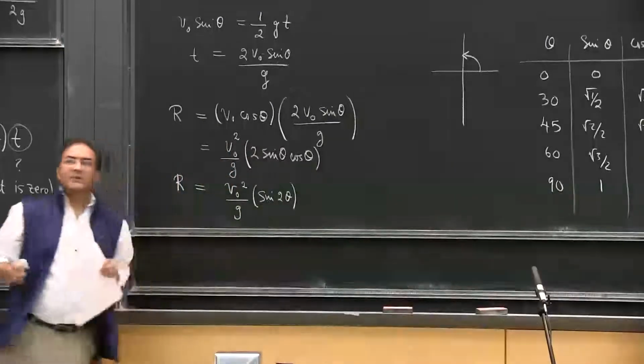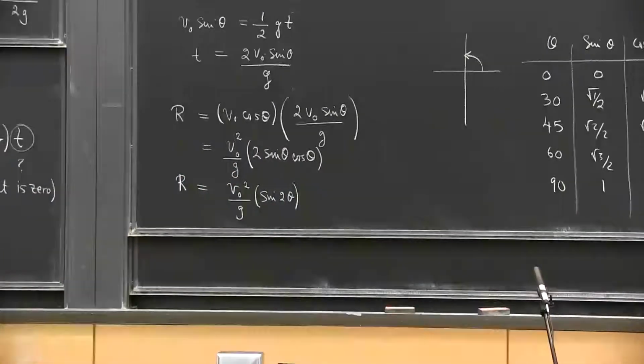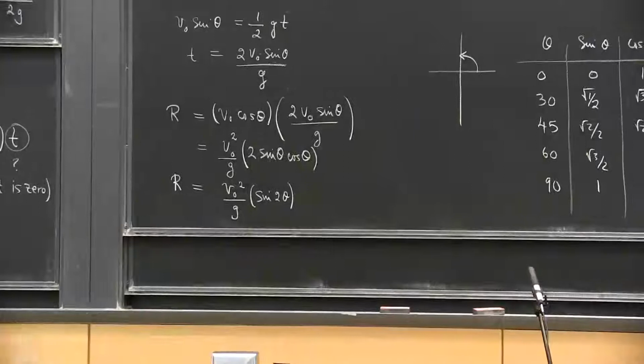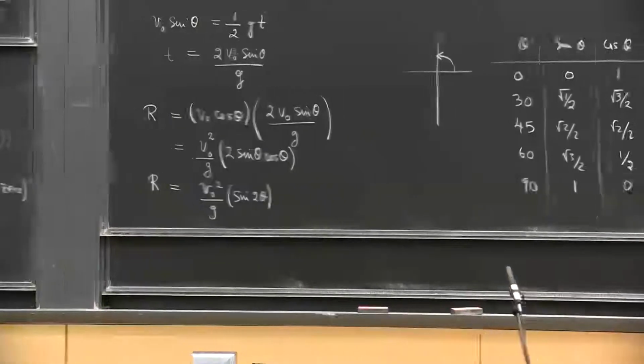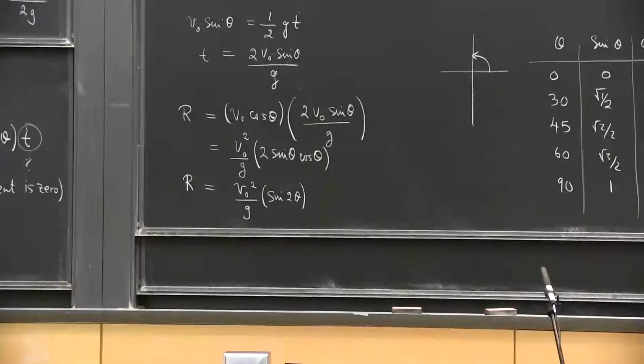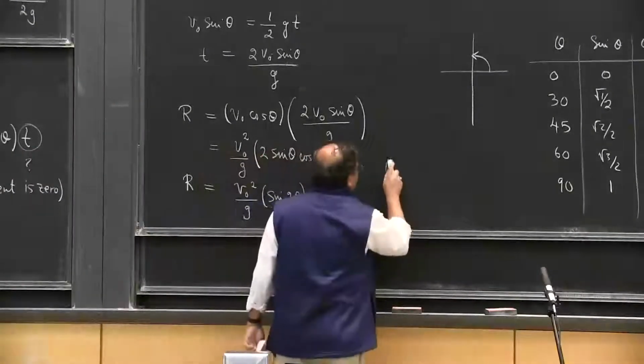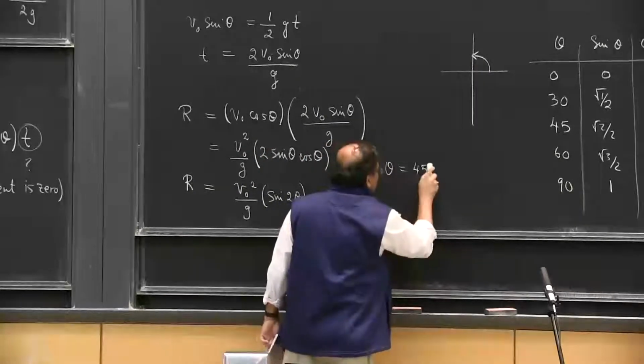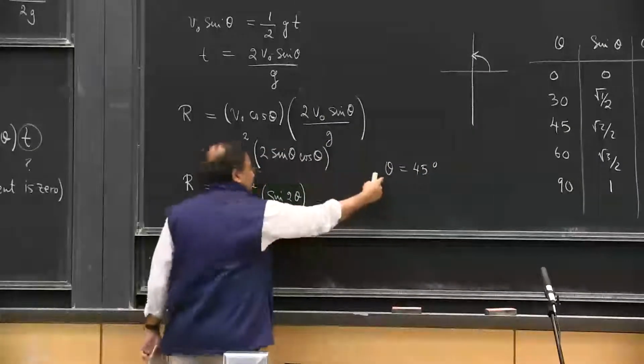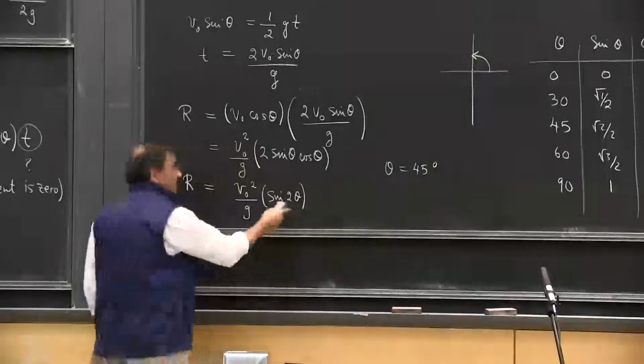So to get the maximum possible R, to get the maximum possible range, suppose you're playing golf, throwing a ball, what should your angle theta be? 45 degrees, right? Because if theta is 45 degrees, then sine of 2 theta would be 90, sine 90 is 1.